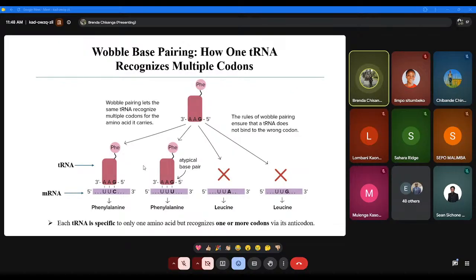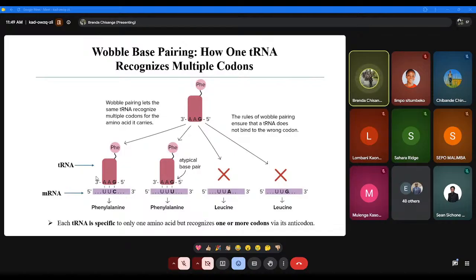We say it is wobbly, meaning it can allow a mismatch as long as the first two positions are complementary with the tRNA. So one tRNA can form complementary base pairing with more than one codon specifying the same amino acid.